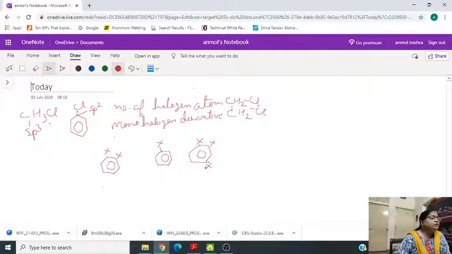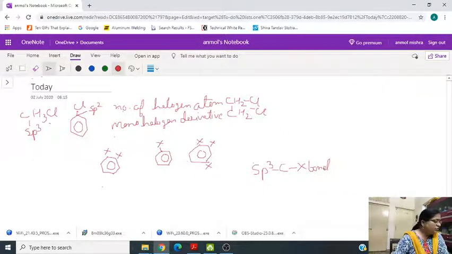Now the monohalogen derivatives can be further classified on the basis of hybridization. First is the sp3 C-X bond, that is, the halogen atom is attached to an sp3 hybridized carbon atom, in which the first is alkyl halide, for example CH3Cl.